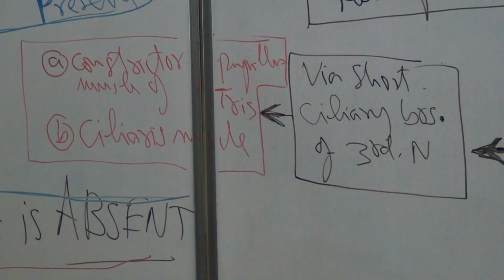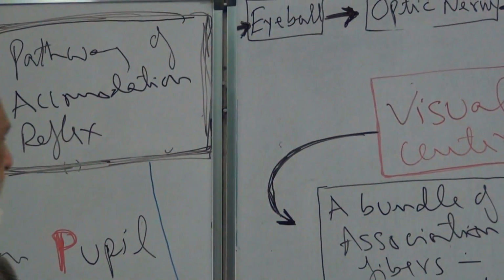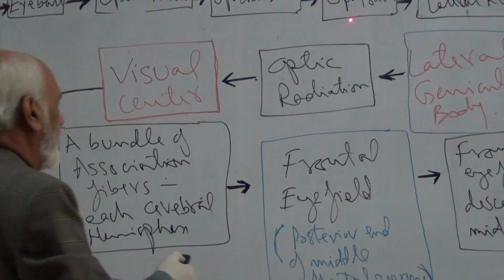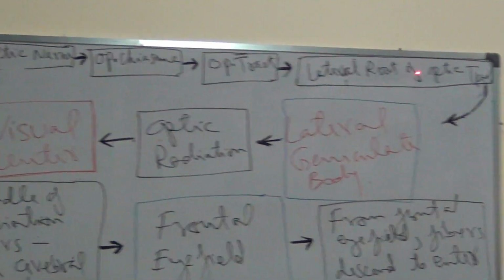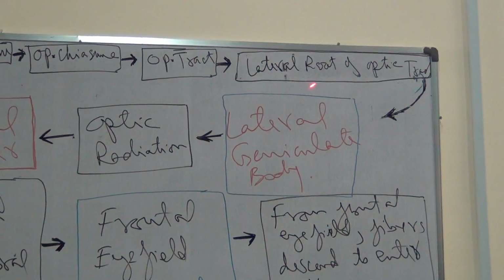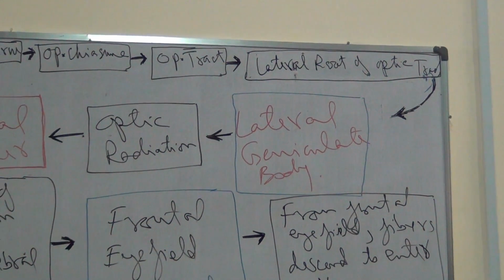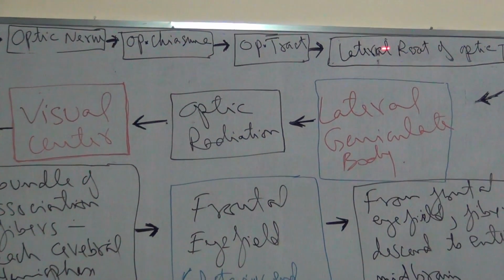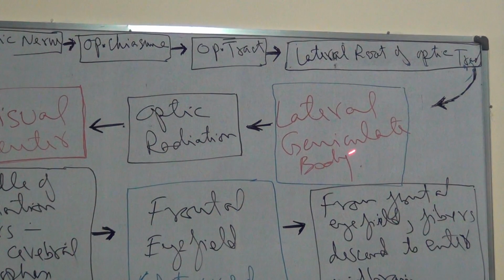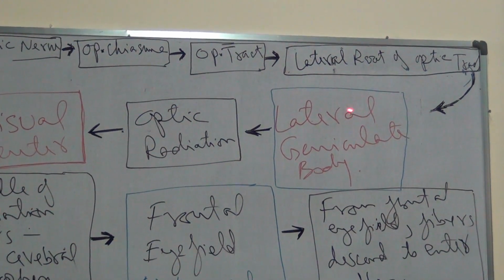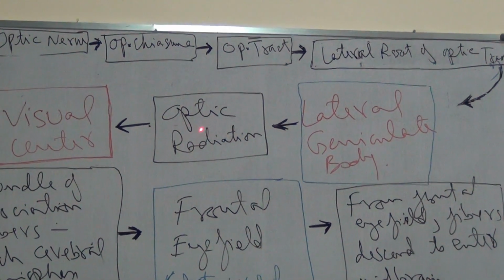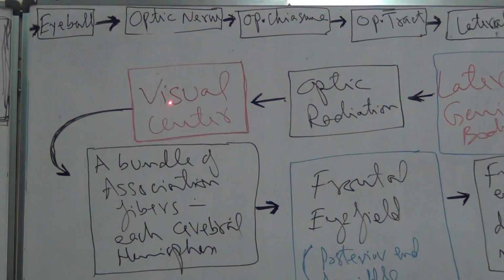Initially there is the visual pathway. Fibers running in the optic tract follow the lateral root of the optic tract, not the medial root. The medial root is for the pupillary light reflex, relaying in the pretectal nuclei. These fibers from the lateral root relay in the lateral geniculate body. From the lateral geniculate body, the optic radiation arises, which relays in the visual cortex.